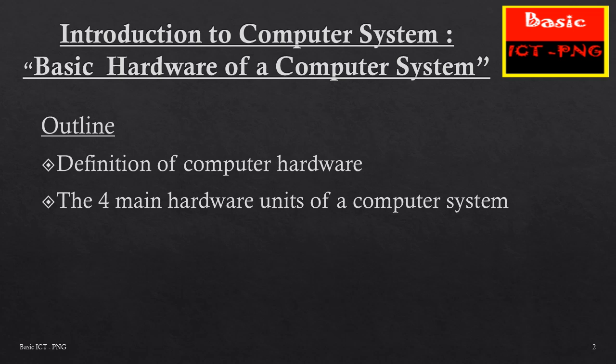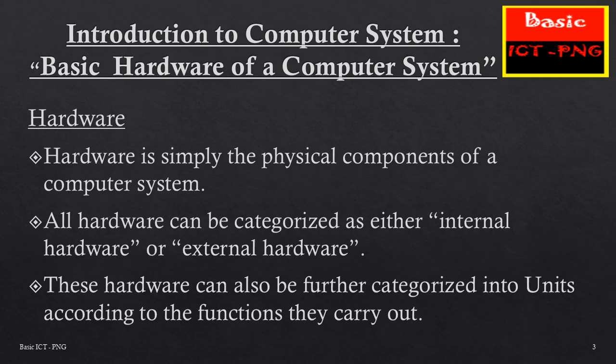Alright, in this video we'll first define what is computer hardware, and then we go on to looking at the four main hardware units of a computer system. So what is computer hardware?